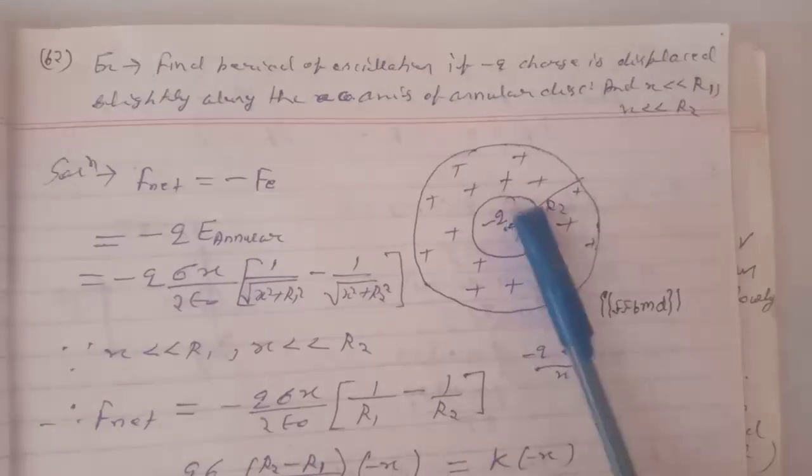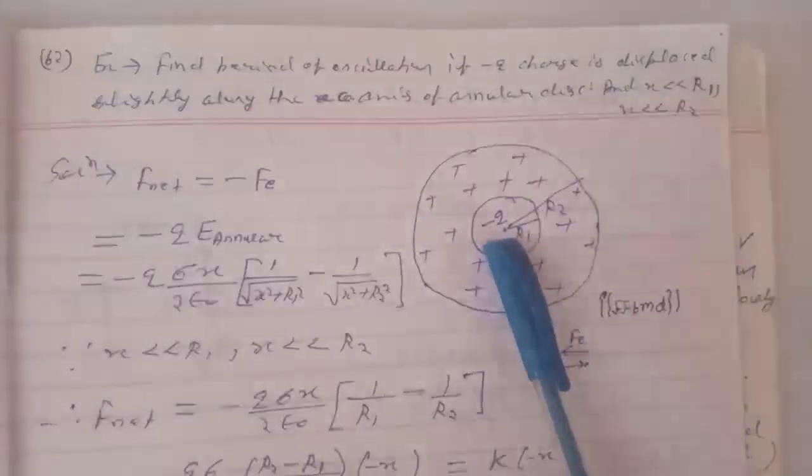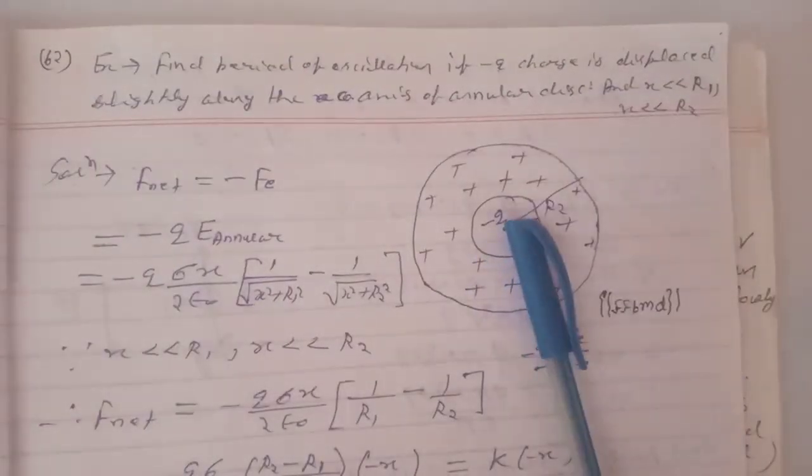A charge of minus q is placed at its center and it is displaced in the upward or downward direction, vertically. So we have to calculate the period of oscillation.